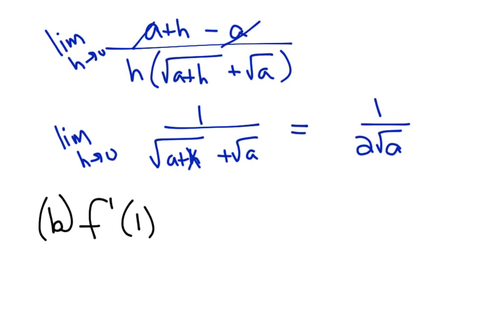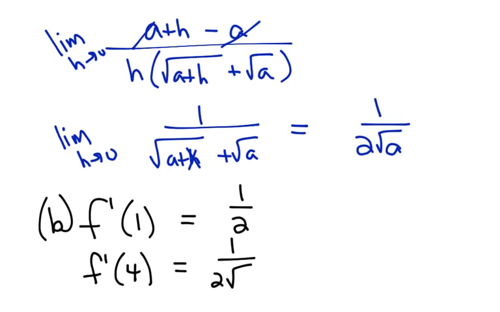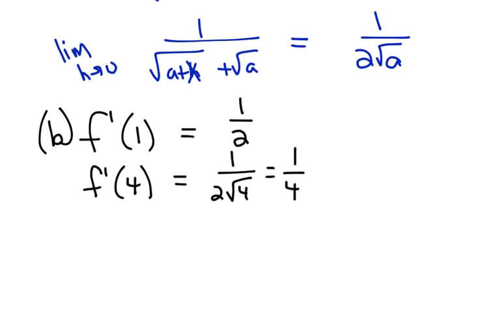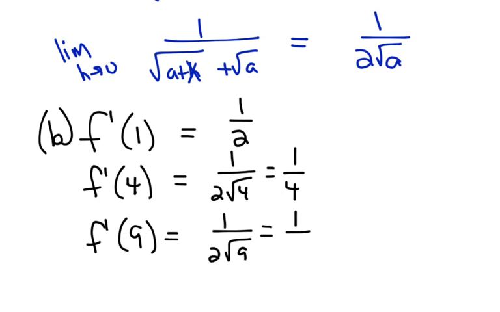All I have to do is plug in 1 for a, so the answer would be 1 over 2. If I wanted to find the first derivative at 4, I would just plug in 4, and I would get 1 over 4. And if I wanted to find the first derivative at 9, I would just plug in 9. The square root of 9 is 3. 2 times 3 is 6. And that's the end of part 1.